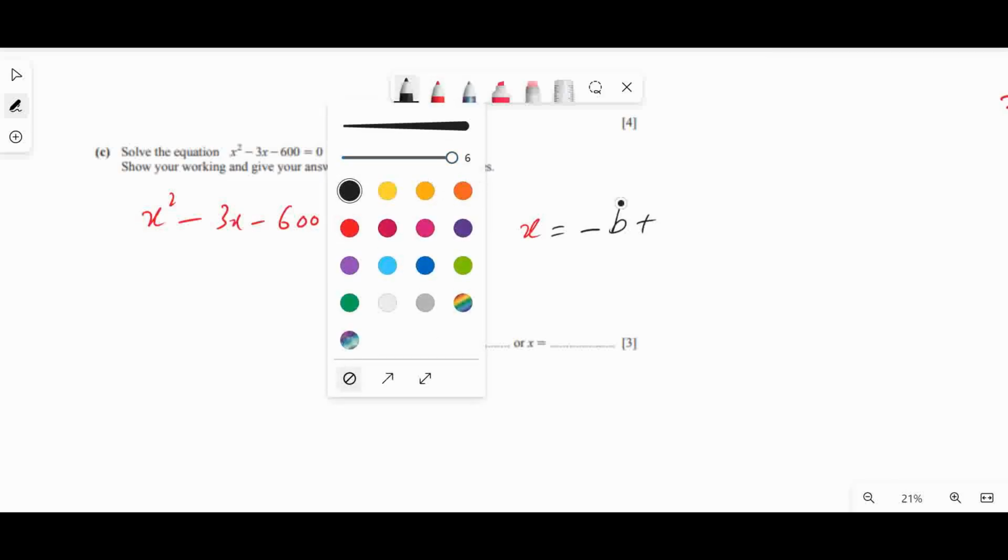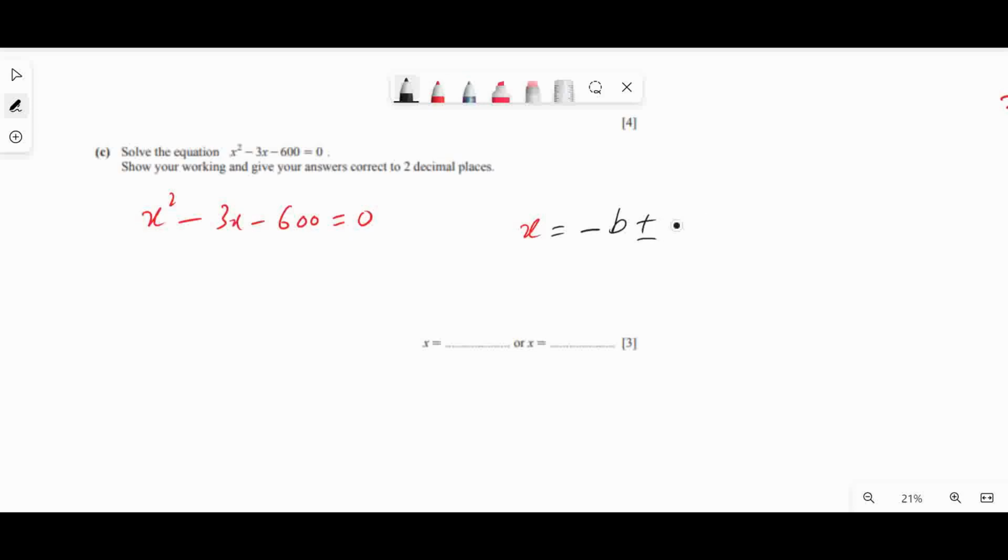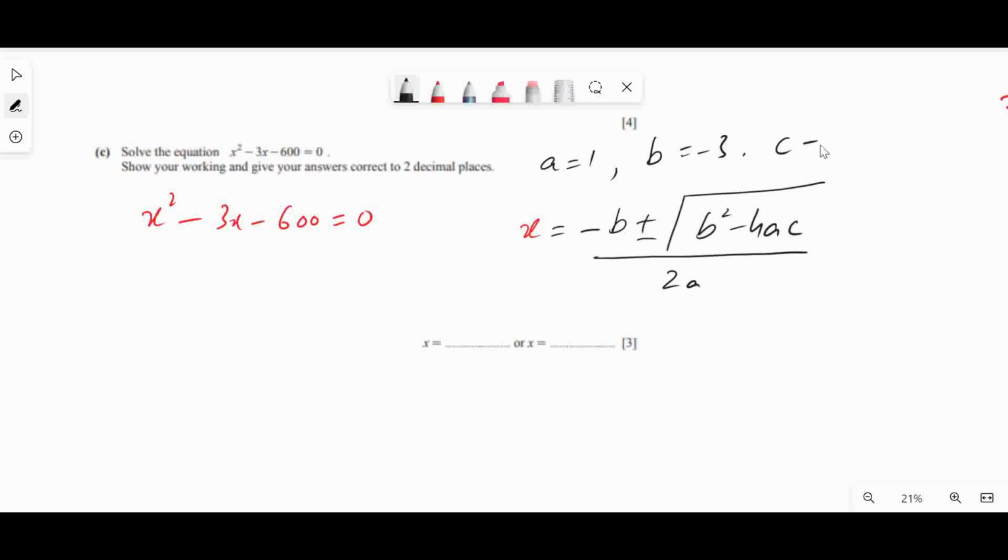So this quadratic formula is x equals minus b plus minus square root of b square minus 4ac, whole is divided by 2a. Now for this particular case, a is equal to 1, b is equal to negative 3, and c is equal to negative 600. So x will be equal to minus b plus minus b square minus 4ac.